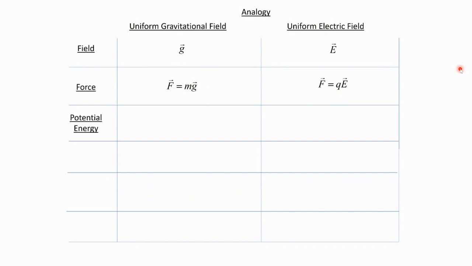M is only ever positive. For potential energy, mgh, or QE, and then coordinate y. So in order to make sense of what h means, you need to say what your coordinate system is, so you can measure the height. In order to make sense of what y means, you need a coordinate system, so you can say what the y coordinate is of the charge.